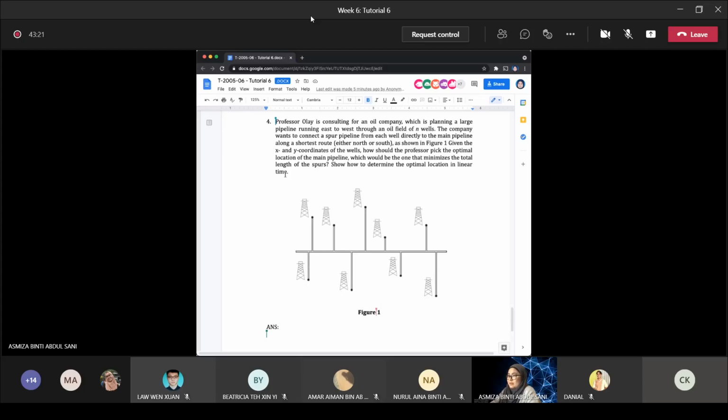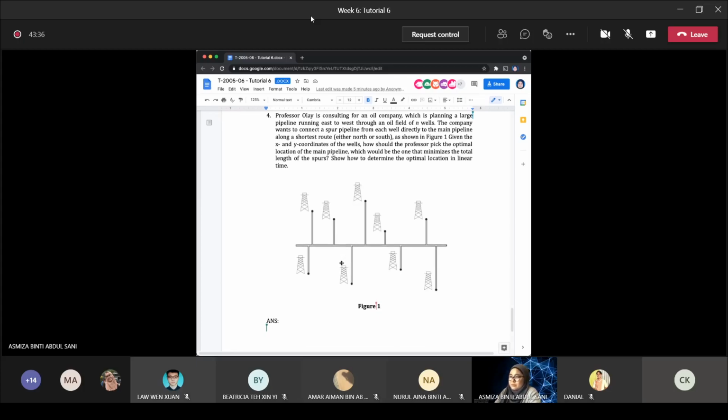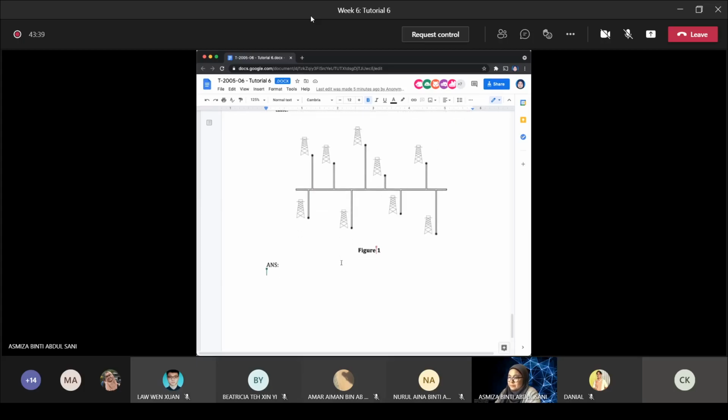Given the x and y coordinates of the wells, how should the professor pick the optimal location of the main pipeline, whereby it minimizes the total length of the spurs? You need to show how to determine the optimal location in linear time.